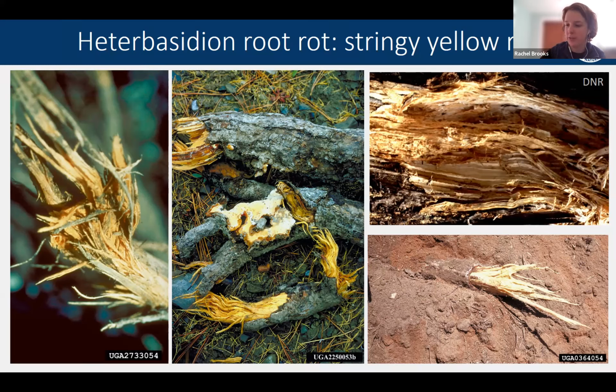If you remember the table I showed you, I'm holding up that book instead of flipping to the slide. It wasn't a clear yes, it can be infected and killed, or no, it can't be. There was a gradient of 1, 2, 3, and 4. Some trees can get root disease but will never be killed by it.